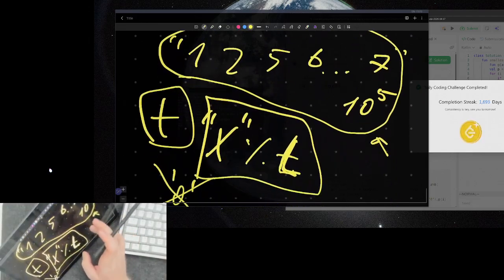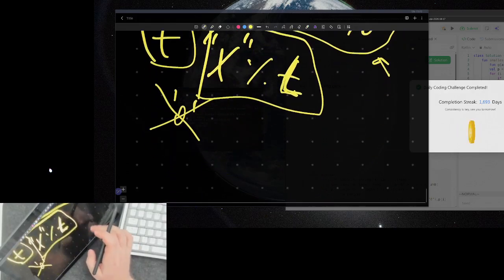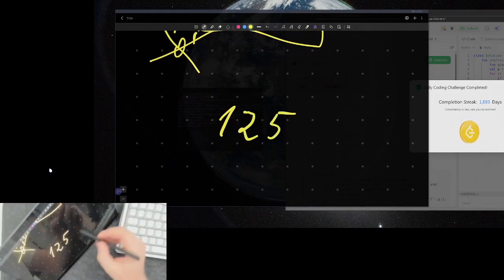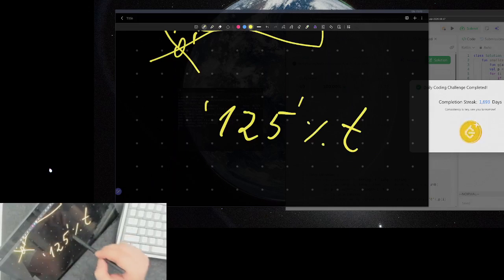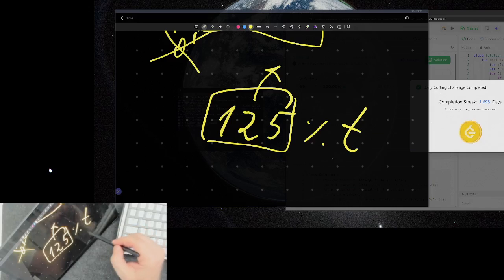Okay, this looks kind of the same as yesterday's easy problem, when we had just a number, not a string, and we wanted to find the biggest number that is divisible by t.